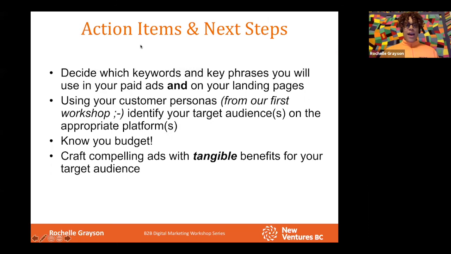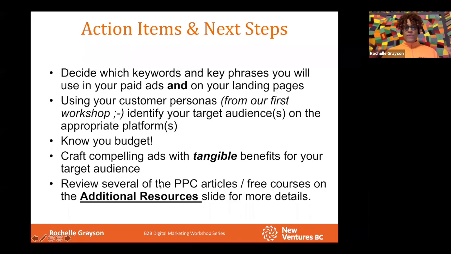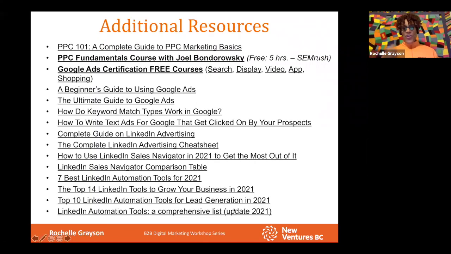And then what we're going to do is review all of these additional resources that I have over the next several slides. I have quite a few articles around pay-per-click. I have some courses that you can take. I also have lots of things around Google Ads, as well as LinkedIn, as well as third-party tools that you can use for LinkedIn that won't get you banned.